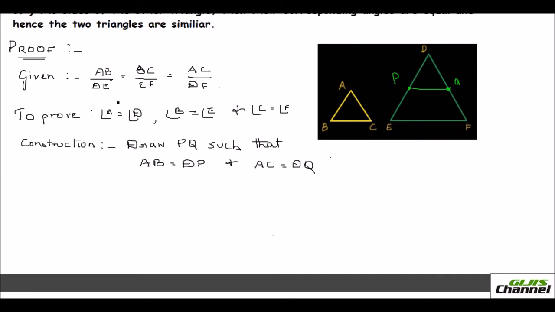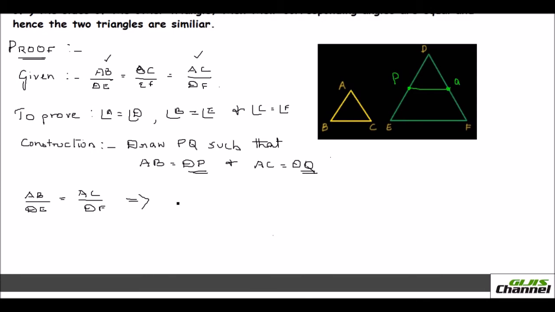From the given proportion, I just take this AB and AC, okay, the two sides. So instead of writing AB over, see, what is given is AB over DE is equal to AC over DF, right? Just take those two alone. And I am going to replace the AB and AC with DP and DQ, right?